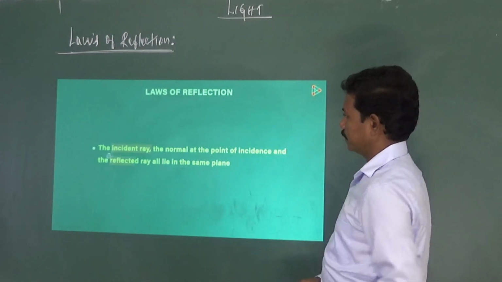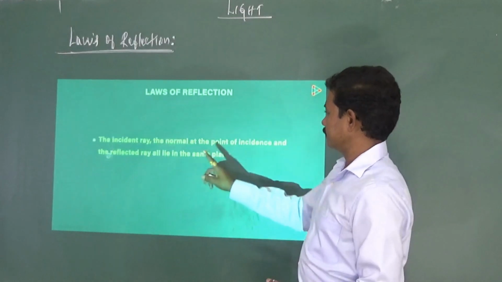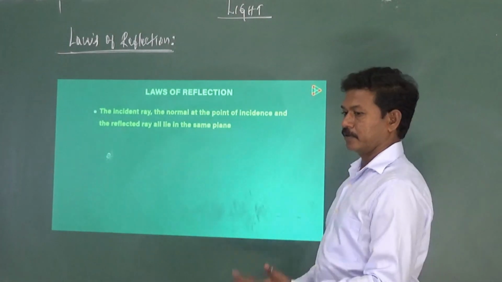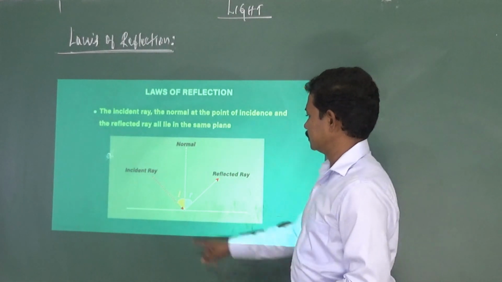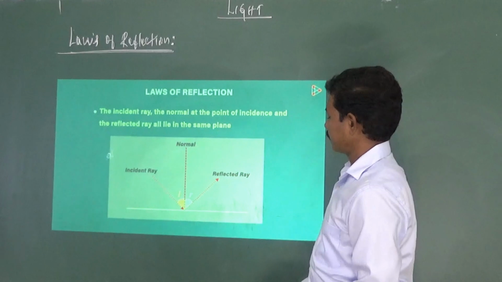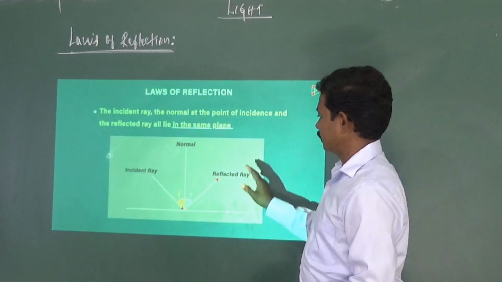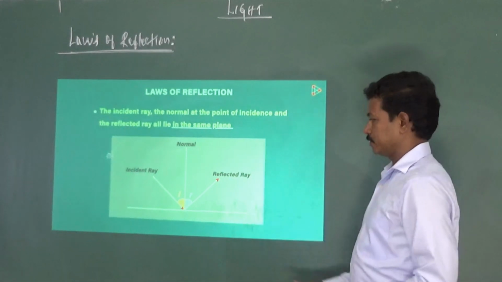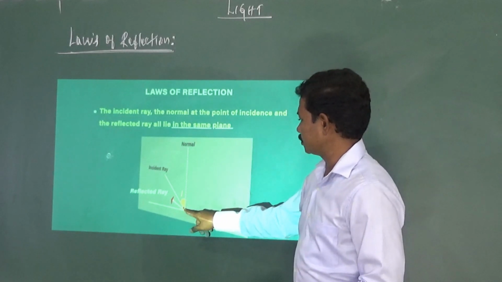So this is very important. You can imagine this. It's a very important concept. The incident ray, normal and reflected ray. You have to concentrate on these three. This is the incident ray, this is the reflected ray and the normal. They all lie in the same plane according to the law. So this is not possible.